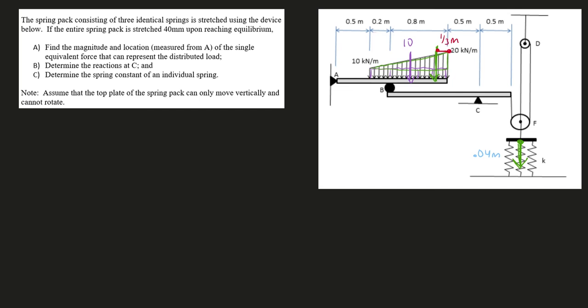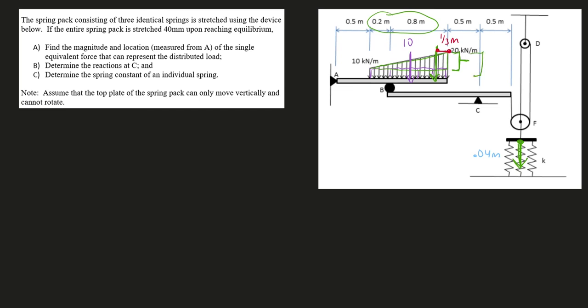The magnitude of that total green load is going to be the area of the triangle: 1/2 times the length of the base, which is 1, times this height right here. Got to be careful. This height is going to be 20 minus 10.